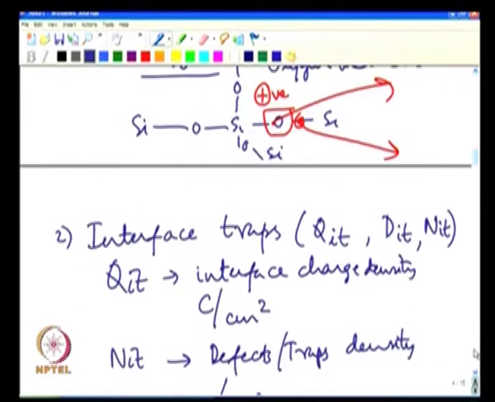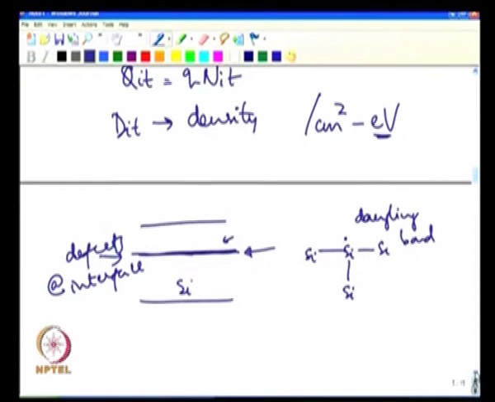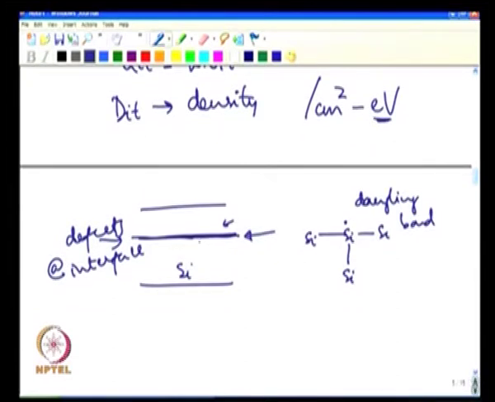Whereas the interface charge, its charge state changes, it can either get an electron or release an electron, it can be positive charge, neutral or negative charge depending on the nature of the defect. Now, these defects are going to impact your CV characteristics, and hence the behavior of the MOS capacitor and transistor, very significantly.